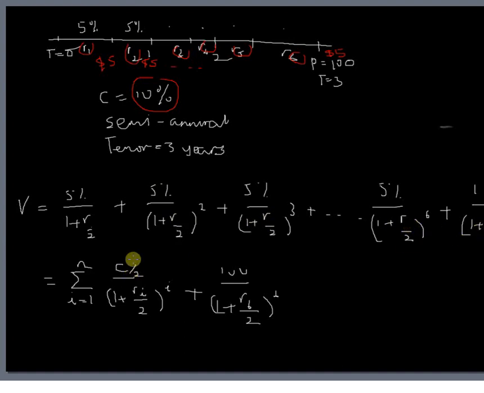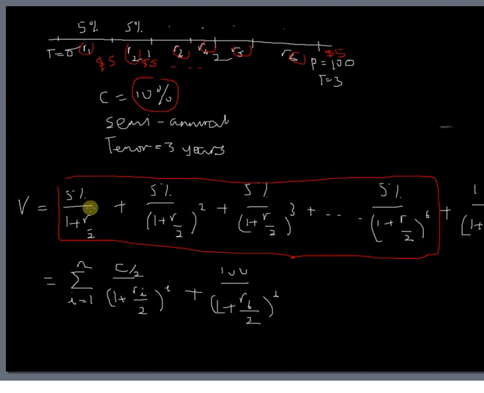You can see that all the coupon calculation is simply a geometric series, because the factor that we put into each of these terms are the same.